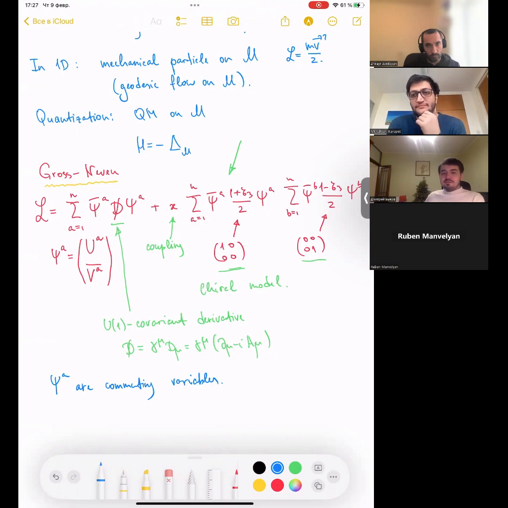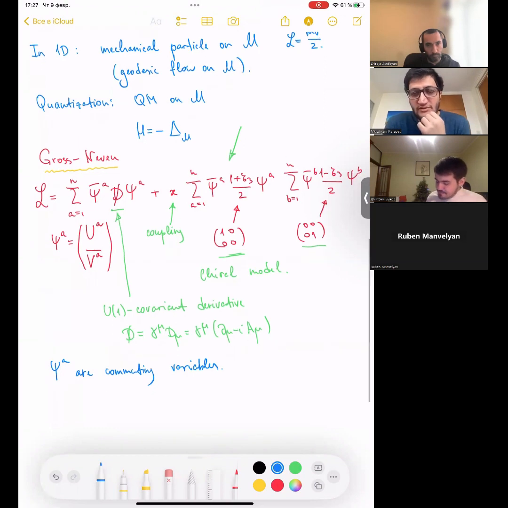Okay. So Dima, you would say that this is a first order formulation for the other theory. Yeah, that's right. Should we understand that, roughly speaking, this Gross-Neveu model is just the sigma model rewritten in first order formalism?